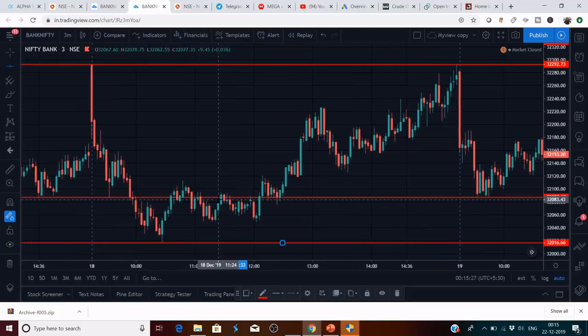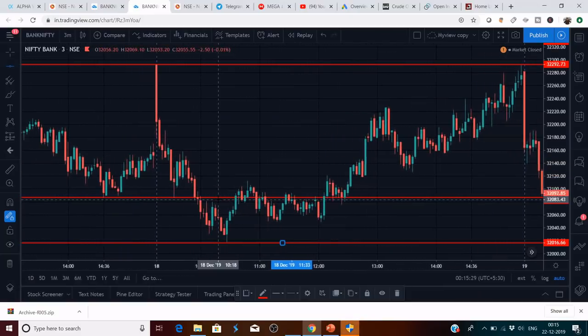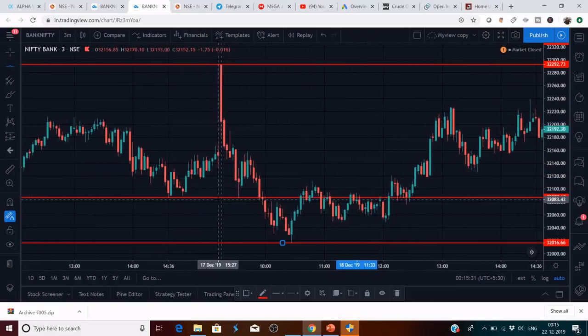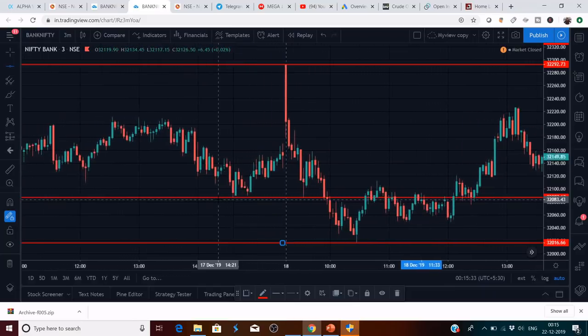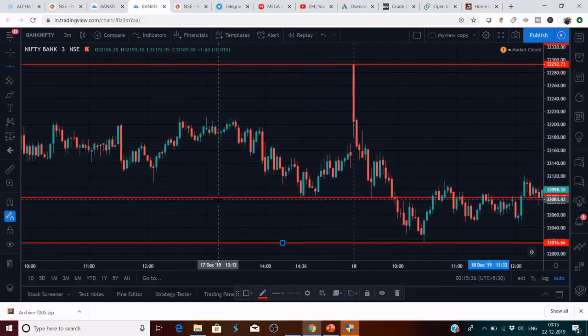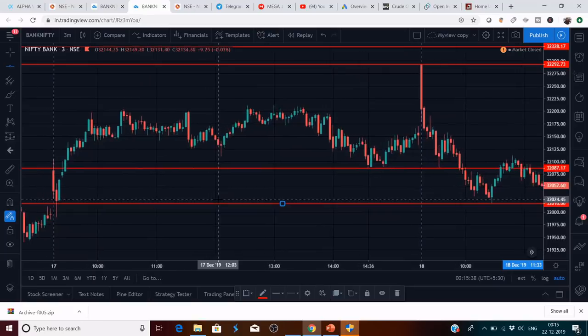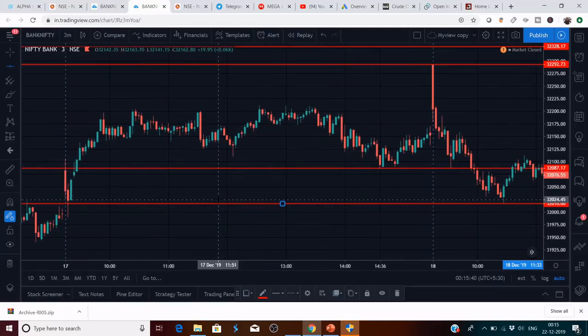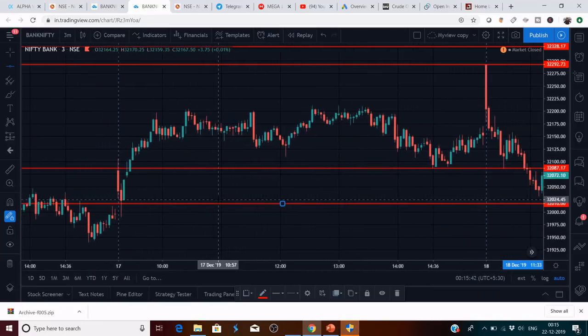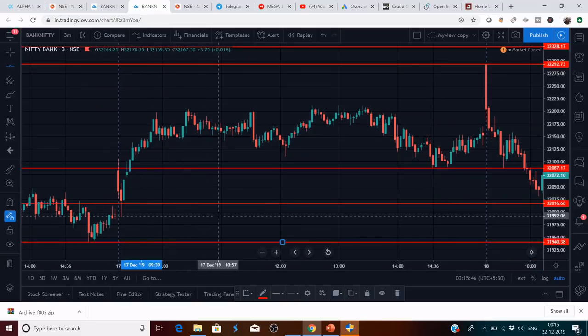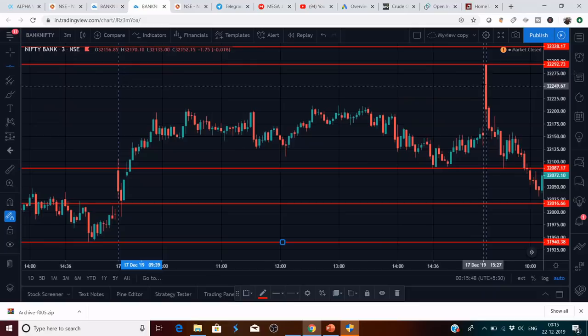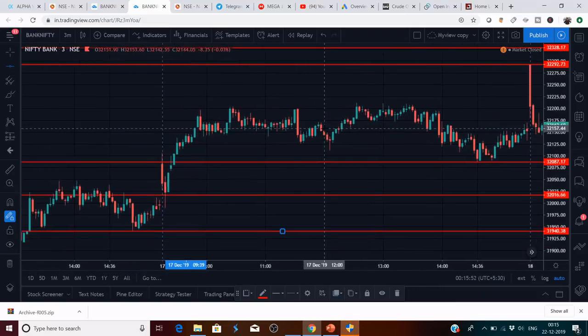Then go back further. There is a new low. This is lower than the previous low, so I marked it. Let's try to capture which are the peaks and the lowest points.